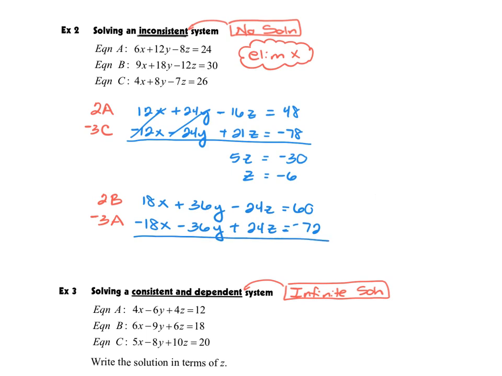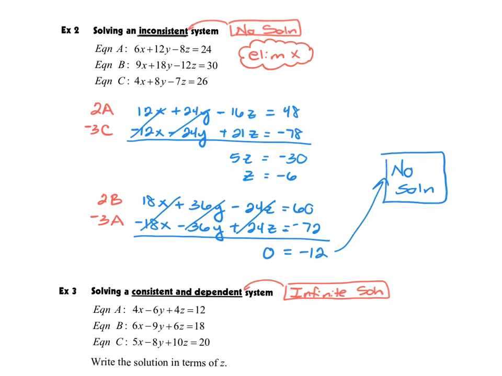And when I add those together, I see the x's are gone, the y's are gone, and this time the z's are gone. You might have done this as your very first step, in which case you wouldn't have had to do anything twice, because what I end up with is 0 equals -12. And since clearly 0 can never equal -12, my answer is in fact no solution, meaning there are no points in common for all three planes.